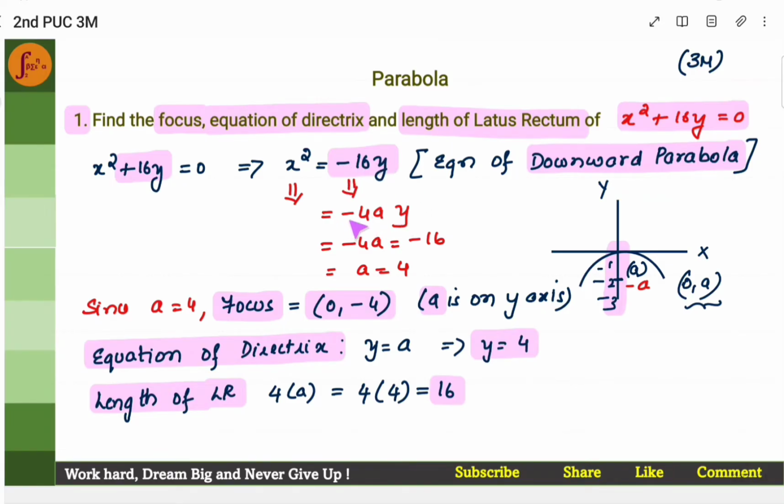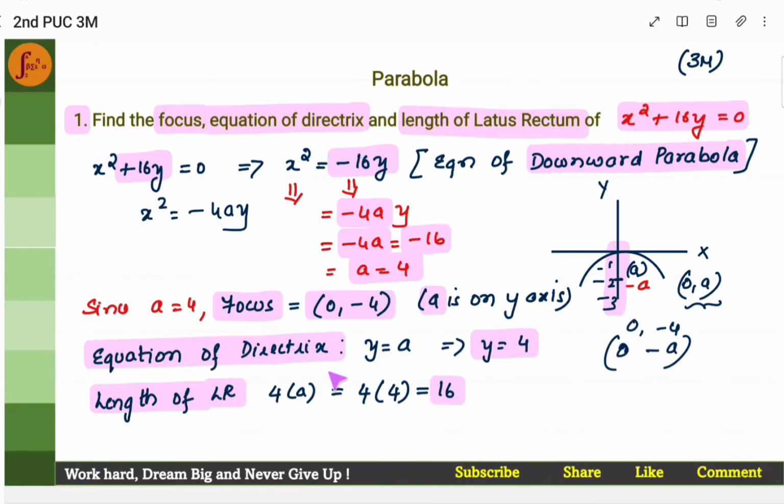Minus 16y is equivalent to minus 4ay. The equation is x square is equal to minus 4ay for a downward parabola. This means minus 4a is equal to minus 16, therefore a is equal to 4. But the focus should be negative of a, because it's a downward parabola. So the focus is 0 and negative a, with a equal to 4: 0, minus 4.